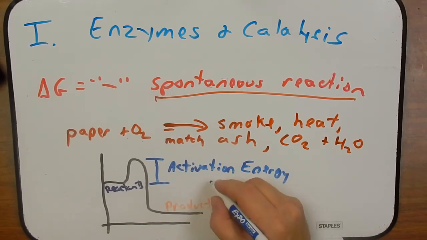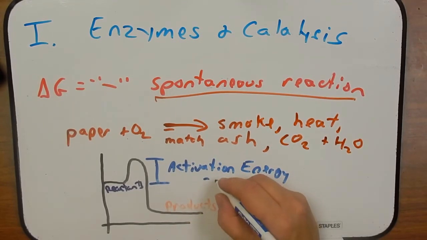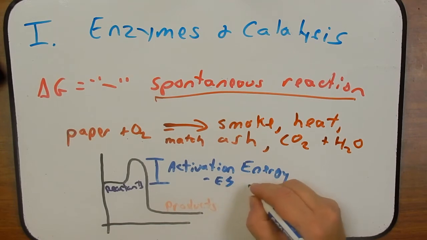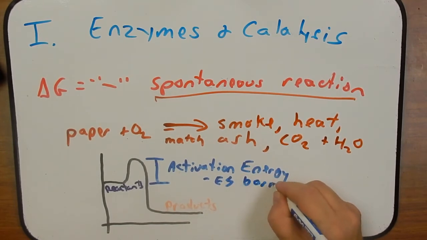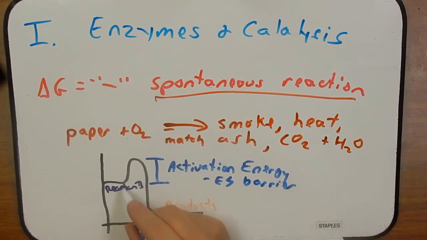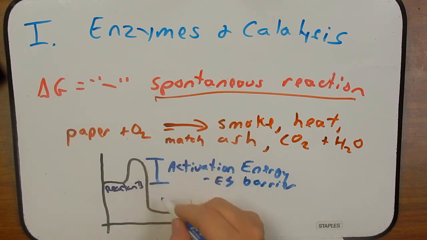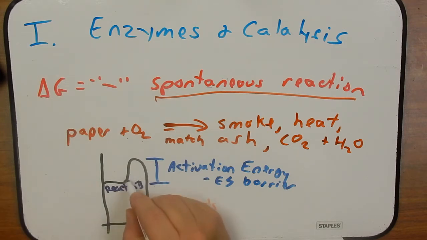We can think of the activation energy as an energy barrier that the reactants must get over in order to produce the products. In some cases, this activation barrier would be very difficult to achieve. What enzymes do is they lower the activation energy.